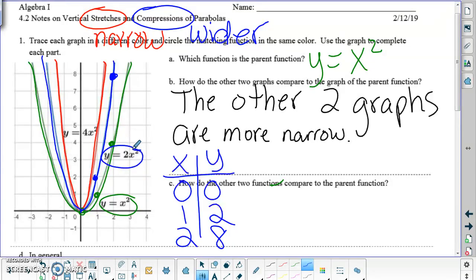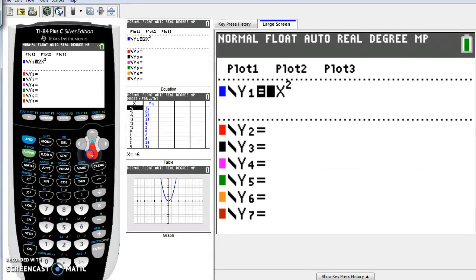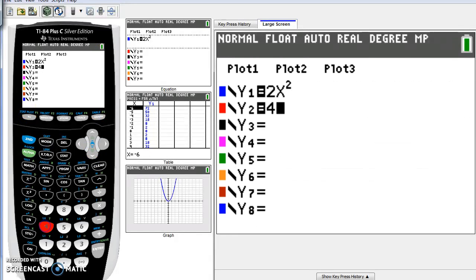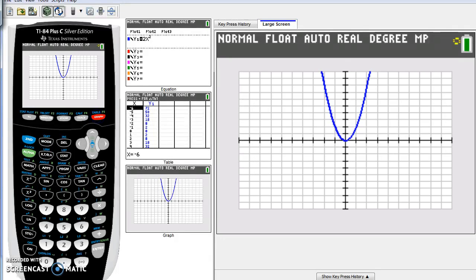Okay, by process of elimination, the red graph is 4x squared. So if I want to go on my graphing calculator, I can graph 2x squared and 4x squared together to compare that the 4x squared is more narrow.